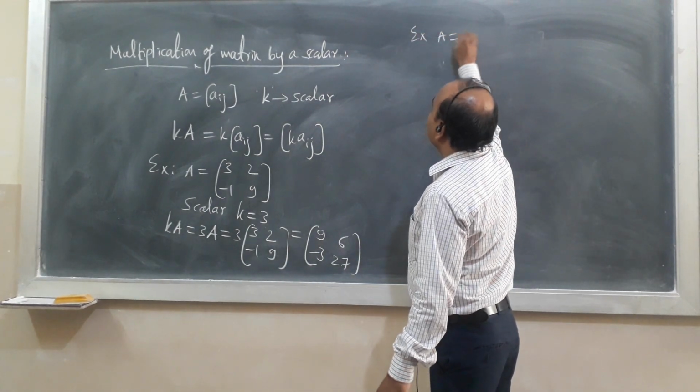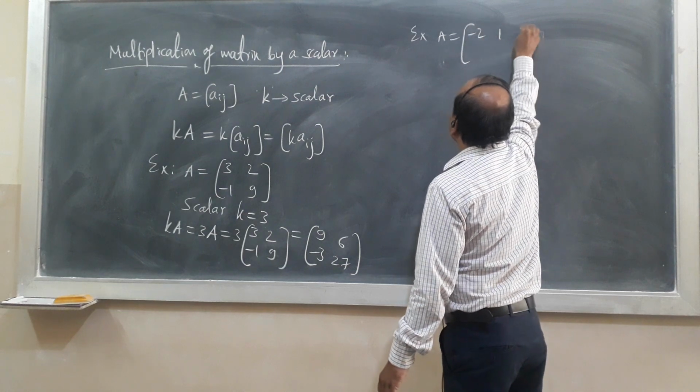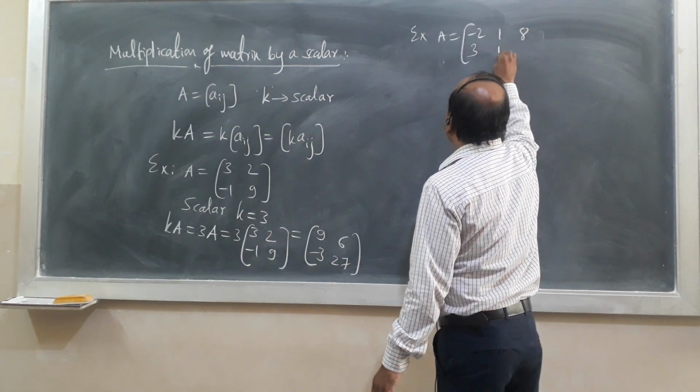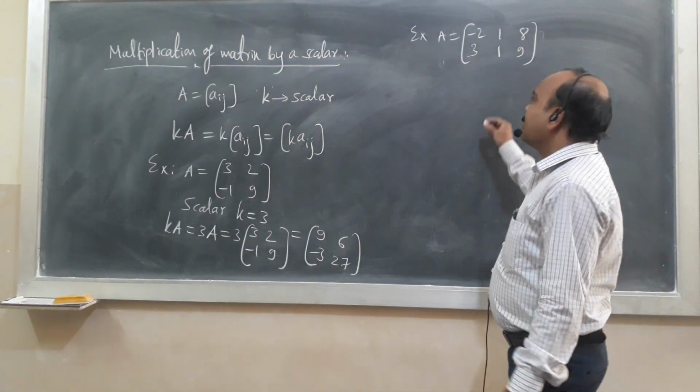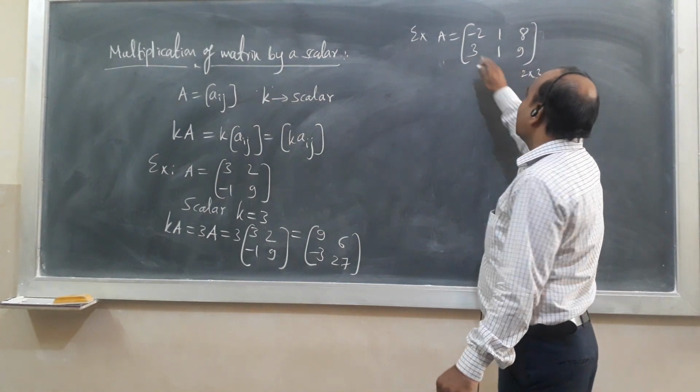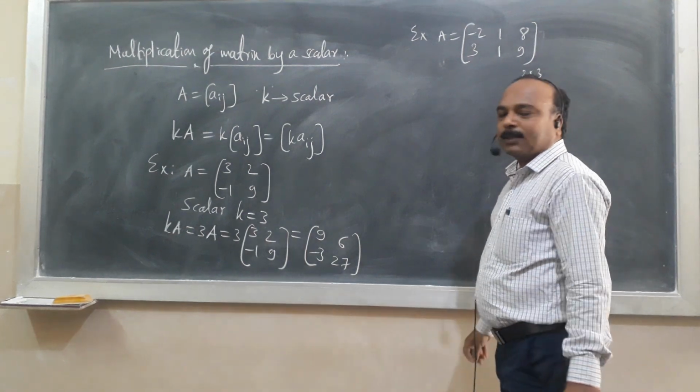If A equals [minus 2, 1, 8; 3, 1, 9], it is a matrix of order 2 by 3 because there are 2 rows and 3 columns.